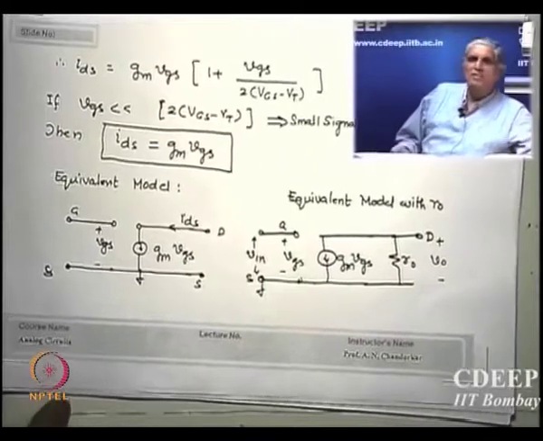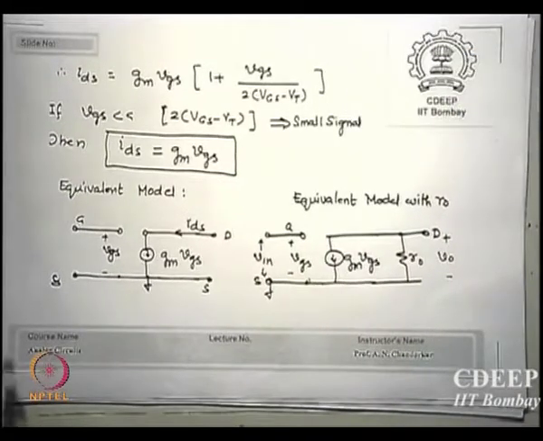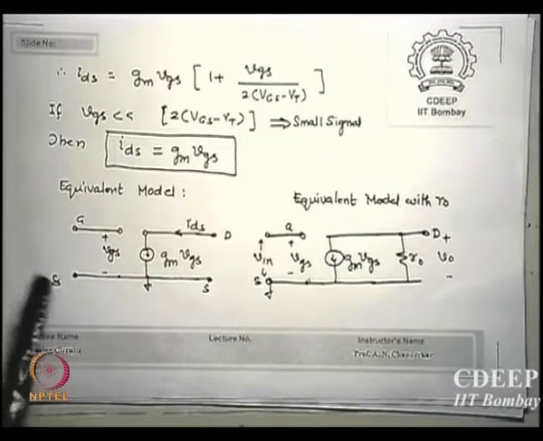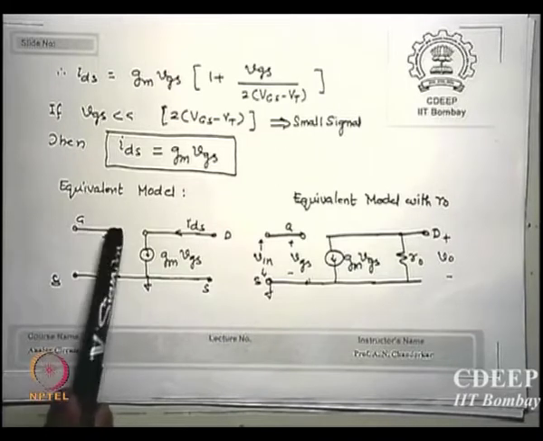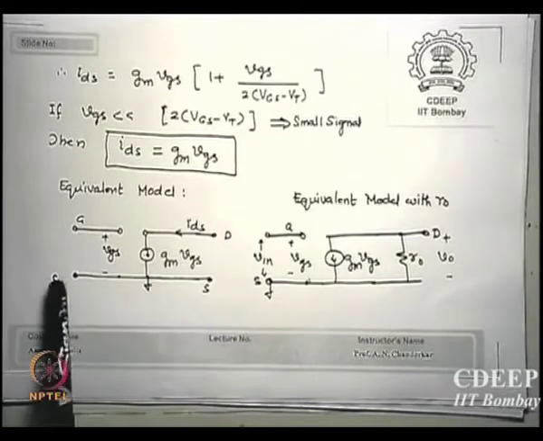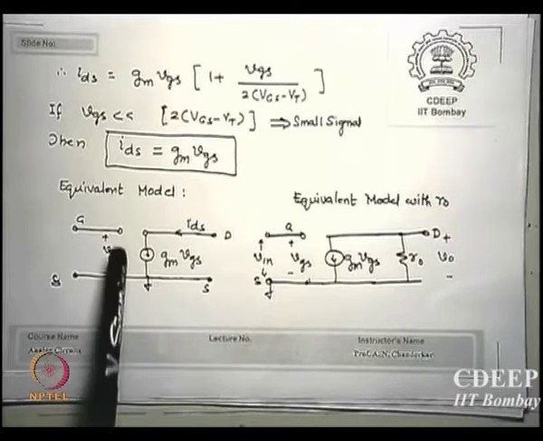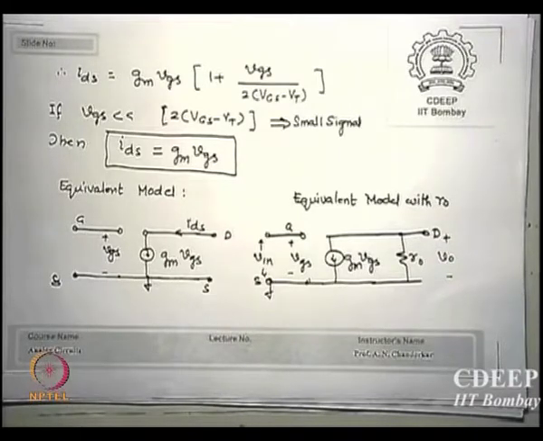Okay, so equivalent circuit of a MOS transistor: you have a gate, you have a drain and you have a common source, okay. There is no current or resistance right now between gate and source, because gate to source resistance is how much? It's an insulator sitting there, so how much?